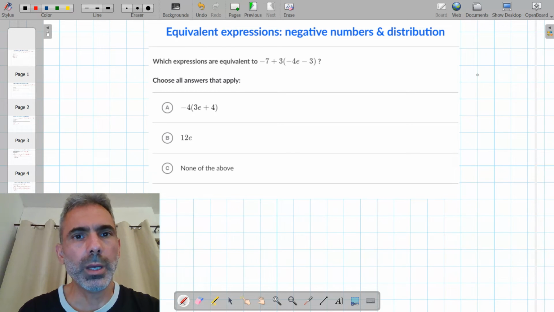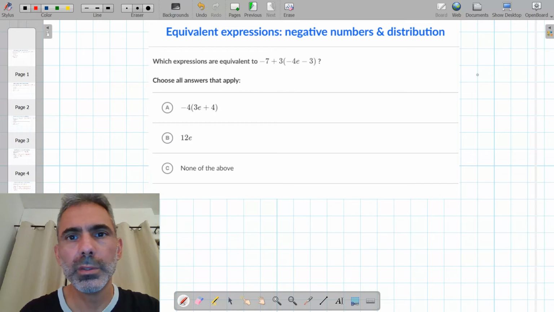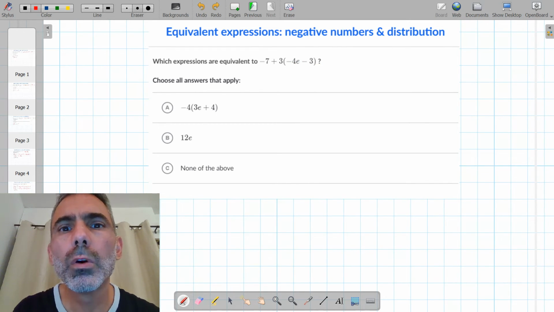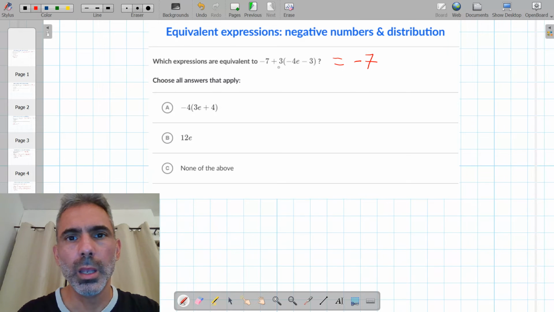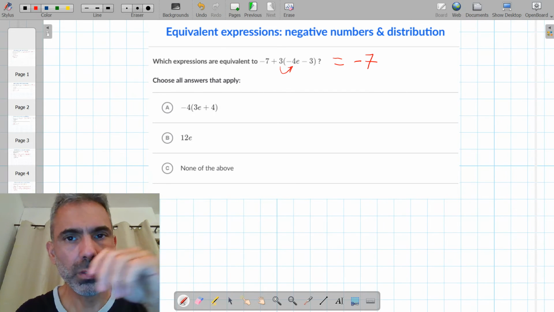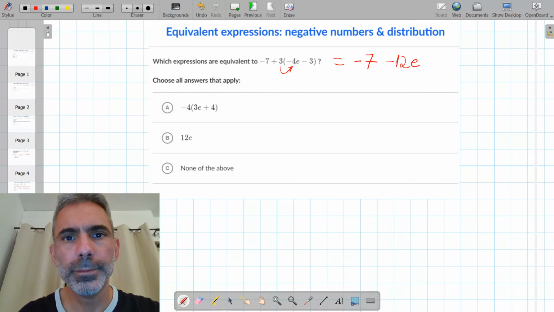Which expressions are equivalent to minus 7 plus 3 times 4e minus 3? Okay, so this is minus 7. Then we multiply the 3 times minus 4e. So 3 times minus 4 is minus 12, so this is minus 12e.